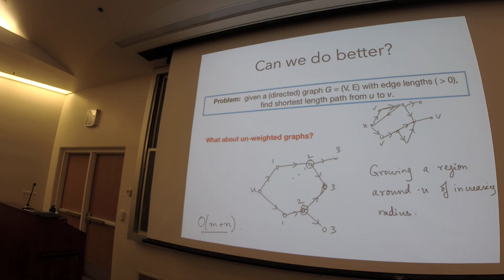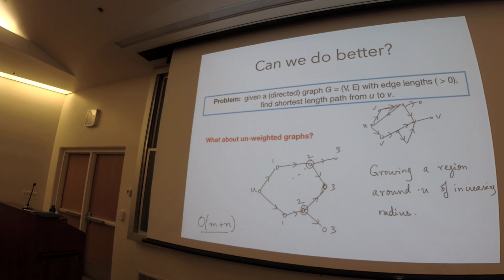And now the question is, can you do this in more generality? So the idea here was basically you start with some vertex and you slowly grow this region of increasing radius, right? And does this make sense in a general graph? So here it was nice because you could say everybody at distance 1, everybody at distance 2, everything was growing in increments of 1.